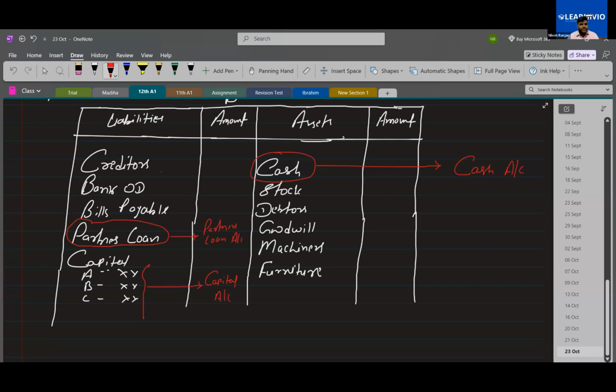Now, creditors, bank overdraft, and bills payable, these three will go in the realization account. And all these assets will go in realization. If there is any reserve, let's say general reserve is given, then it will also go in the capital account.